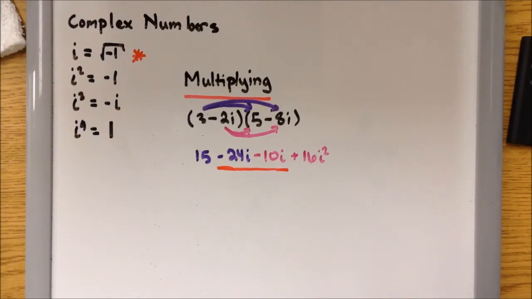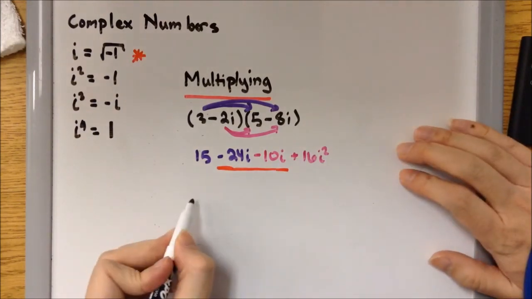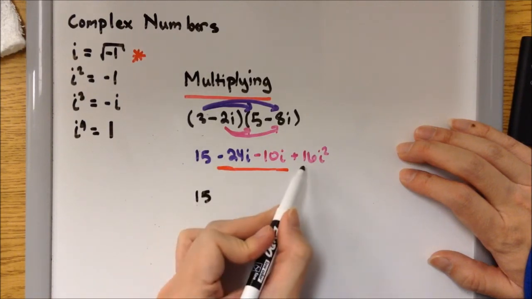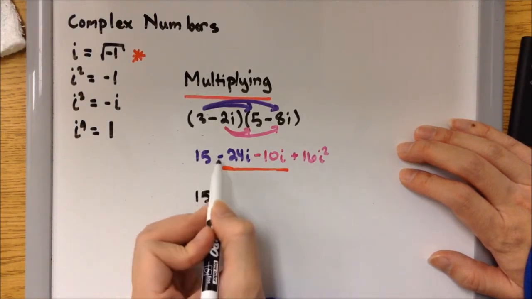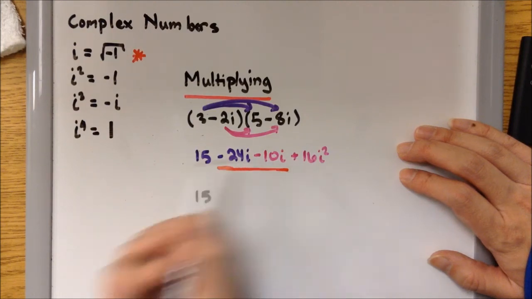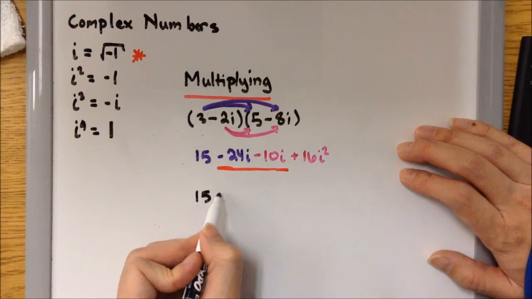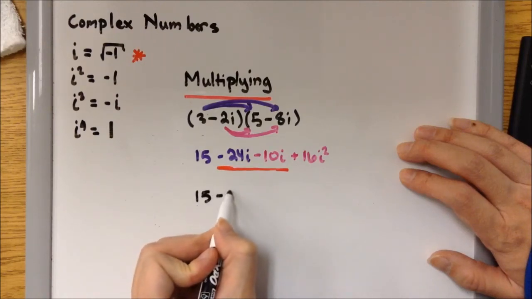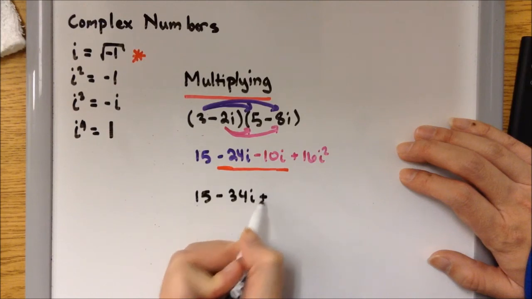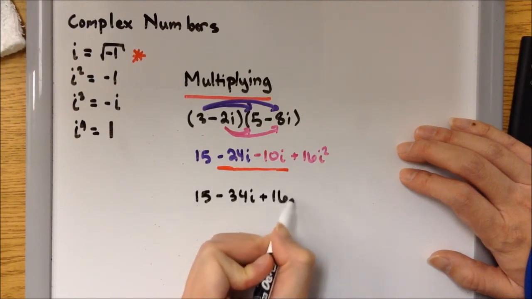The ones that didn't change were 15 and the positive 16i squared. But let's combine these two. So negative 24i minus 10i, they're both negative, so they're both going to become negative 34i, and I'll bring down the plus 16i squared.